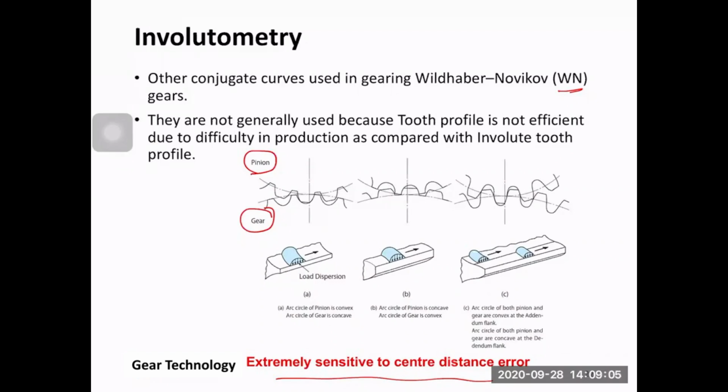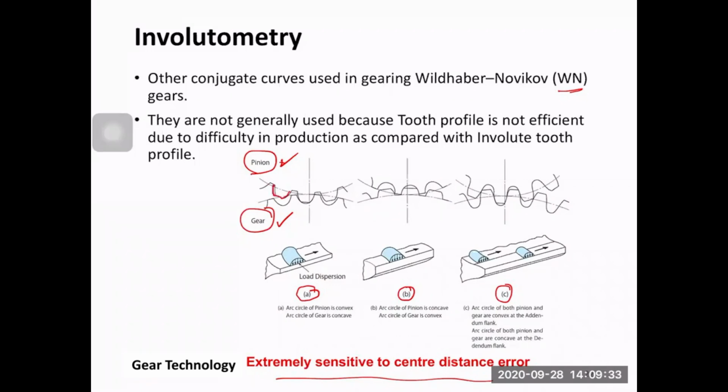So obviously what we have here is just part of the pinion and the gear, okay? The top one here is the pinion, and the bottom one is the gear, okay? So we have three different types here: type A, B, and C, right? If you look at A, it says the arc of the pinion is convex. So you see this arc here on the pinion is convex, and the arc on the gear is concave.